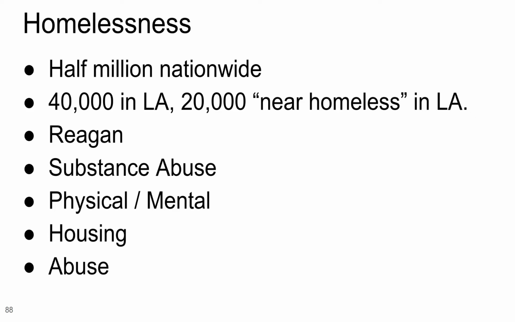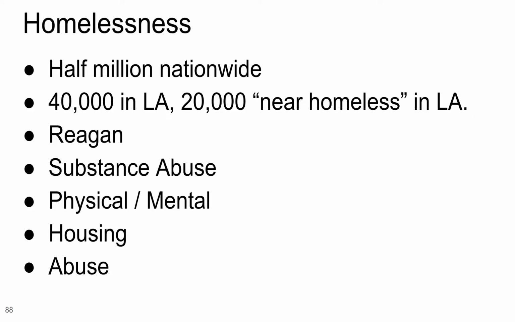Ronald Reagan is credited, blamed for beginning the homelessness epidemic in America, not just the result of the disastrous trickle-down economics, which cut tax rates, and then in order to balance the budget, they stopped spending money on social services, for example, people in mental institutions, in public mental institutions.